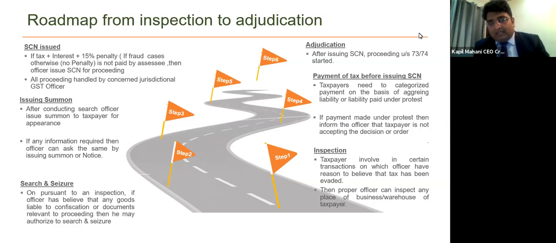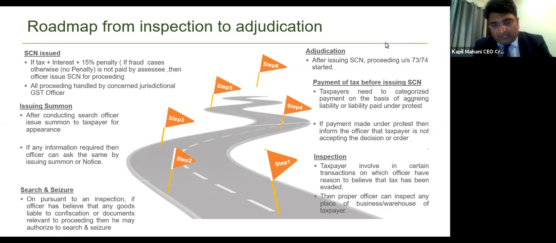And whenever during the inspection they find any document or material which is important for the authorities, they proceed to search and seizure of the products as well as any material required to be seized.